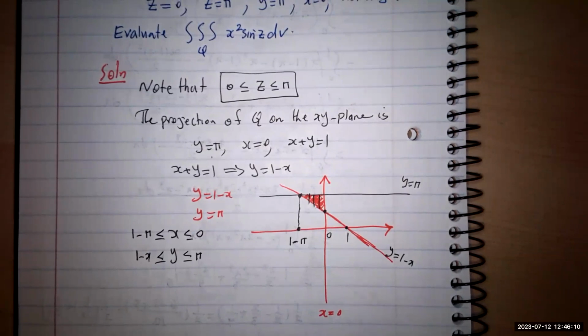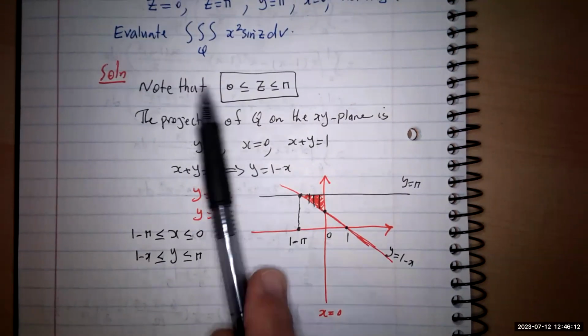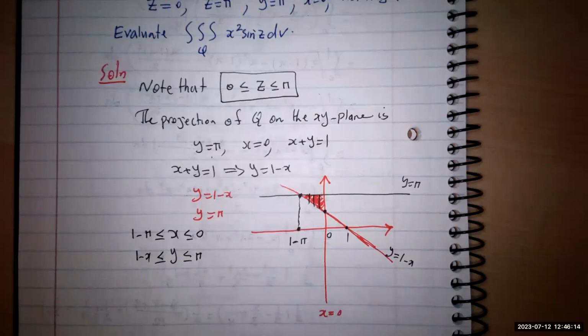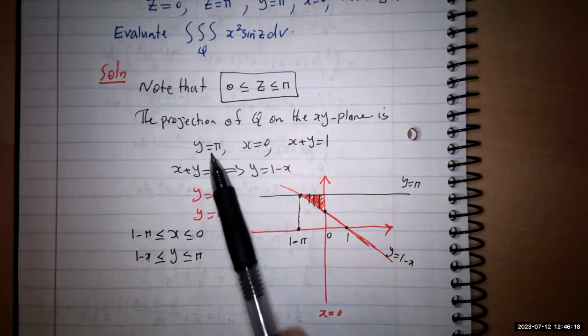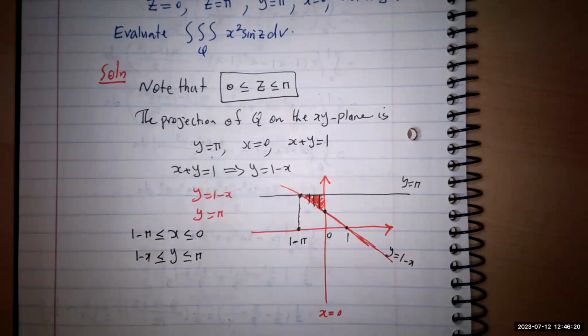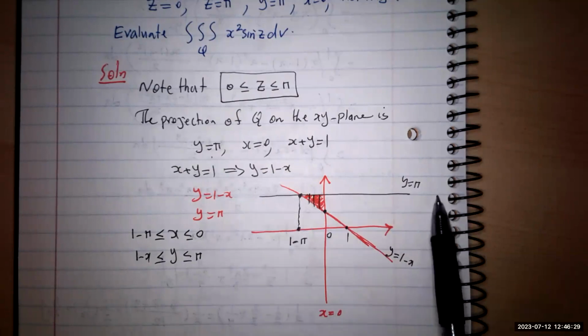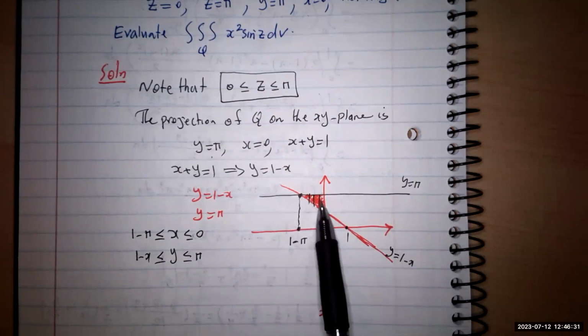Any question? So the number for the z was clear, z between 0 and pi. But for the x and the y, this y equal to pi is the one that we have to consider. Because in the previous problem, we were just taking the intercepts, that was the region. But since they intersect with y equal to pi, the region is up here.